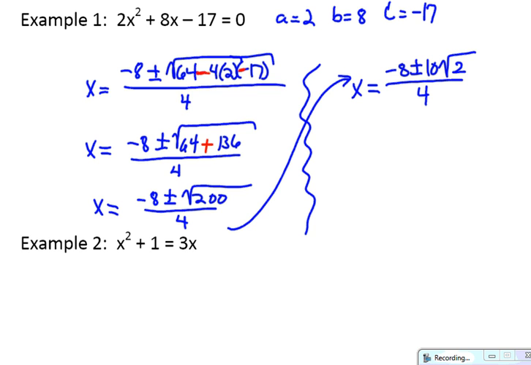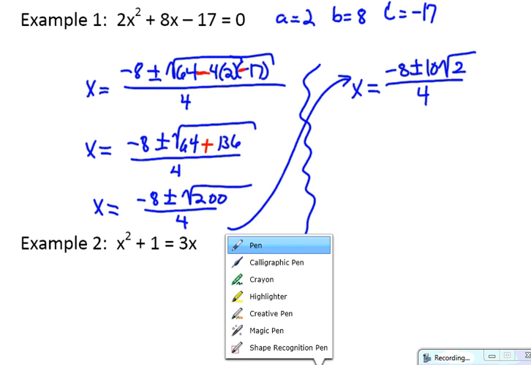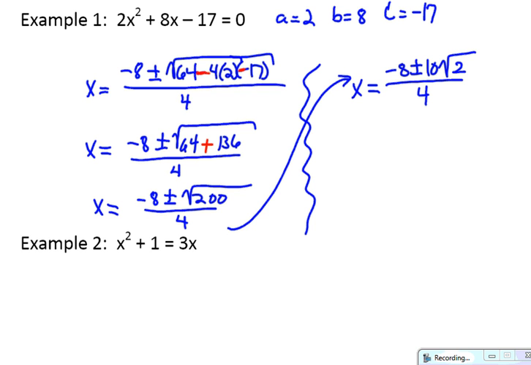All right, so up here is finished. We simplified our radical. However, we can also reduce this. So let's just take a minute and notice what it's going to take to reduce it. Let me get a highlighter.